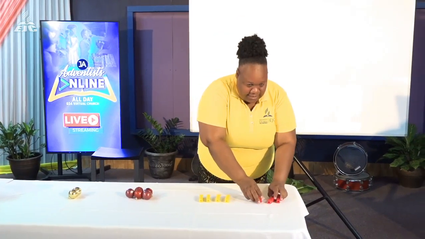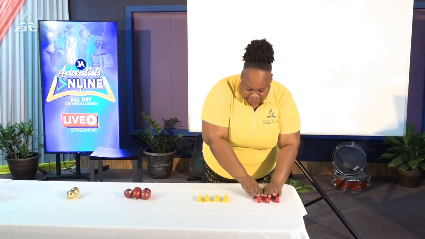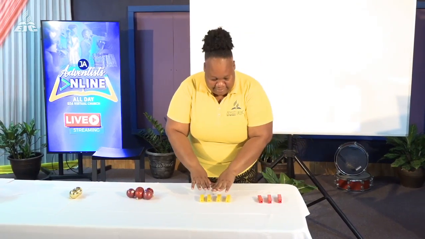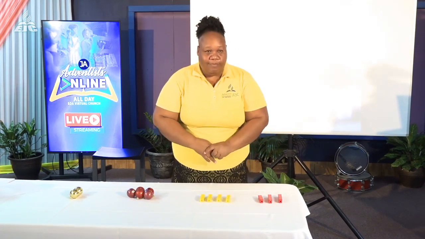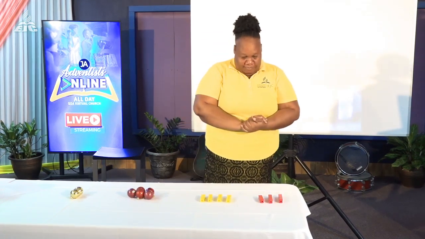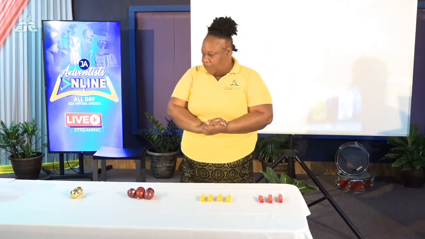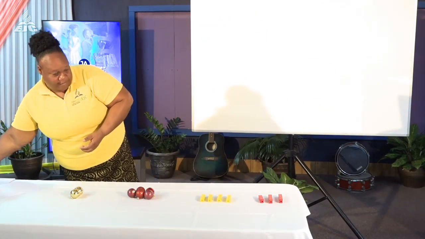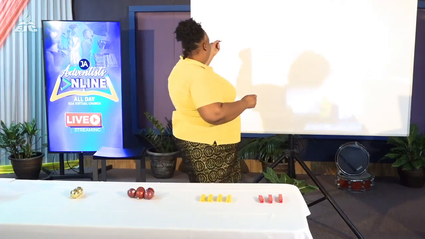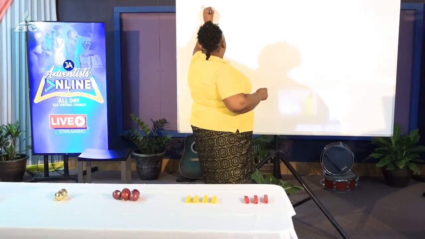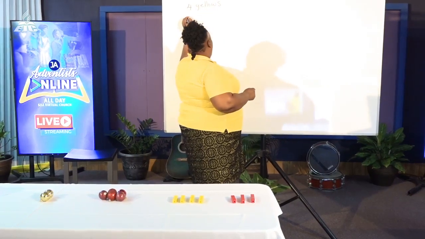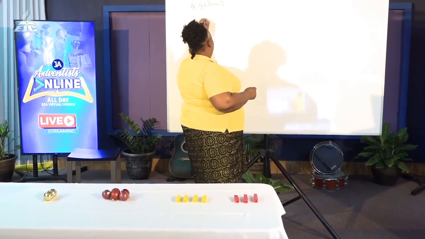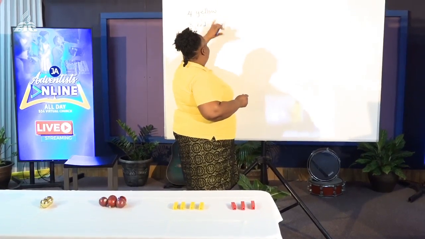The colors are red and yellow. How many yellow? How many red? Okay, so we have four yellow blocks and 3 red. Sorry about that.